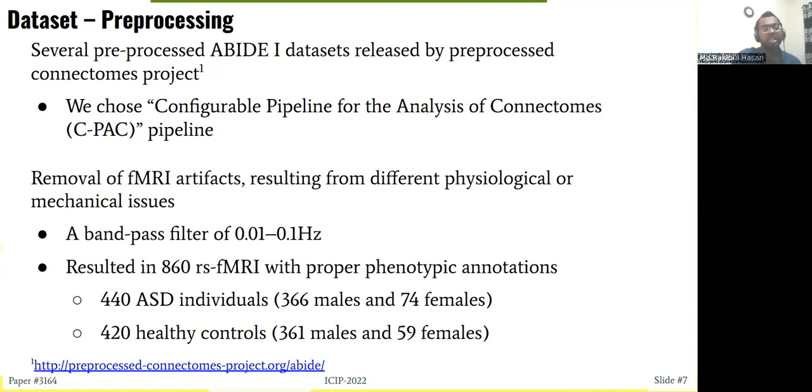Now, to remove the fMRI artifacts resulting from different physiological or mechanical issues, we applied a bandpass filter of 0.01 to 0.1 Hz, and that resulted in 860 RS-fMRI. Among them, we have 440 ASD individuals and 420 healthy controls. The data from these particular ASD individuals and healthy controls we basically used in our model.